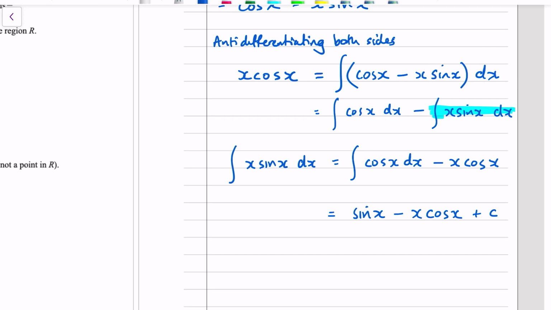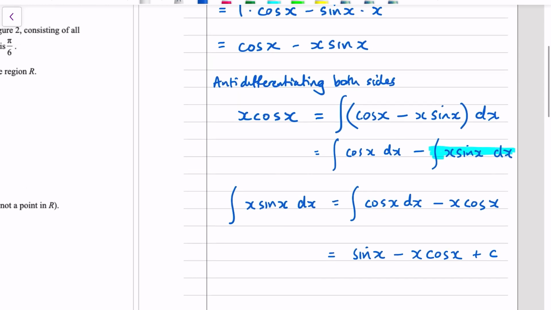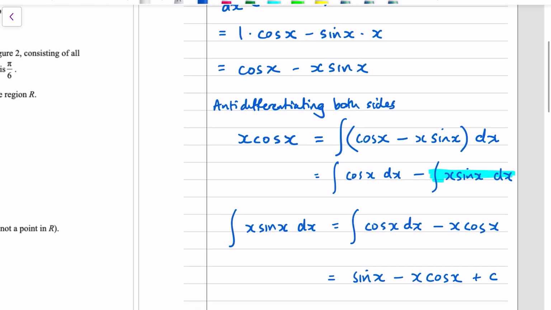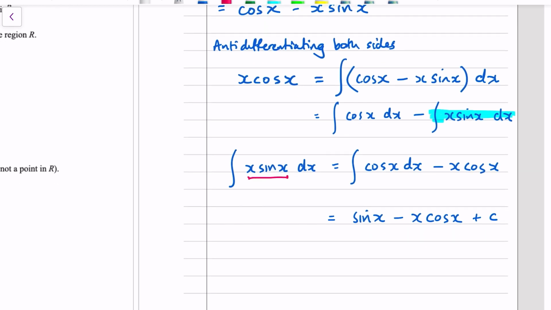Basically what they've done is stepped us around integration by parts. If you know integration by parts, you know that to find an integral like this one, which is a product of two things, we can make x equal to f and sine of x equal to g dash. If you haven't seen integration by parts before, probably best to look up other videos to explain it, but it is reverse product rule.